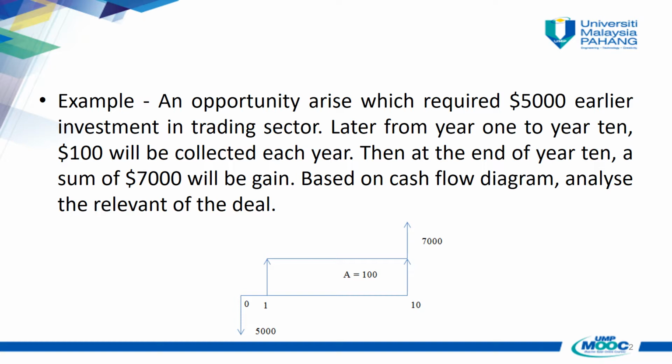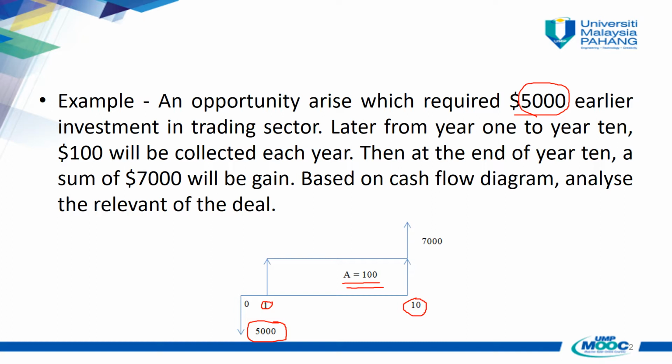Okay, an opportunity arises which requires 5,000. We invest first, and then later from year 1 to year 10, 100 will be paid to us, collected each year.